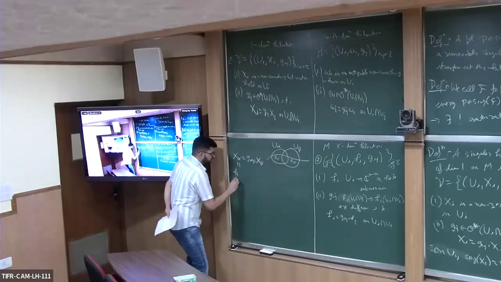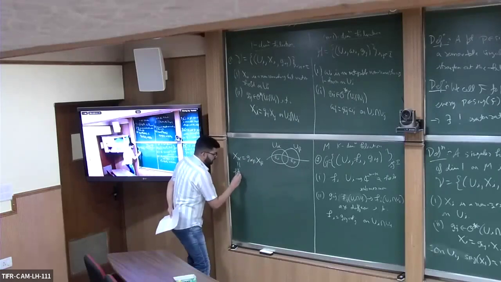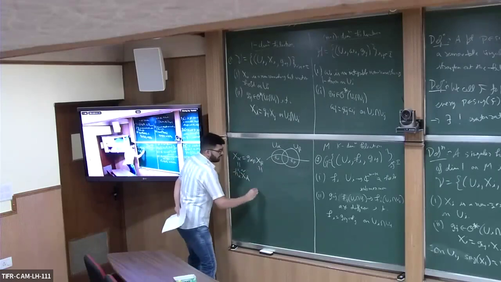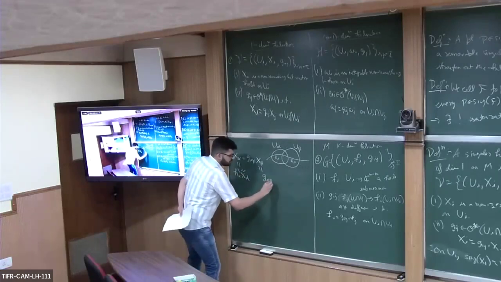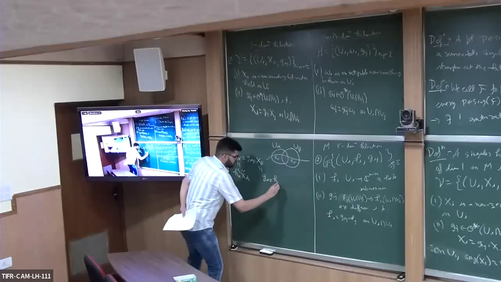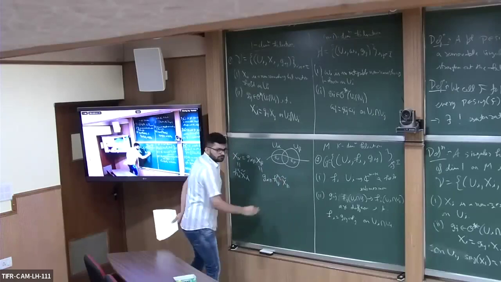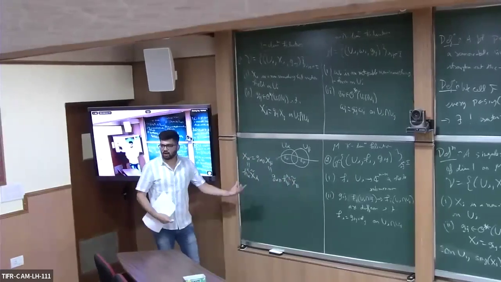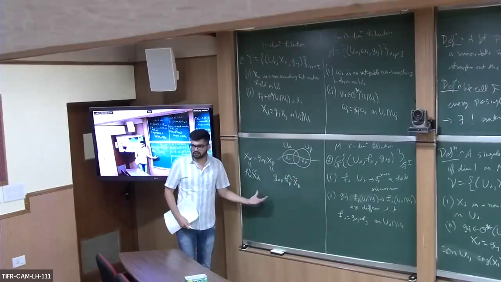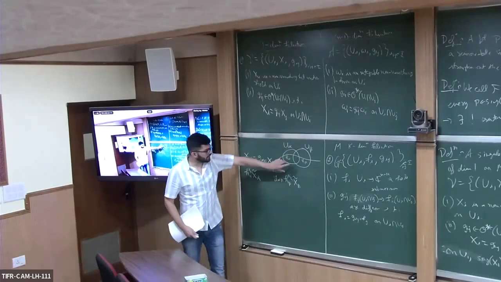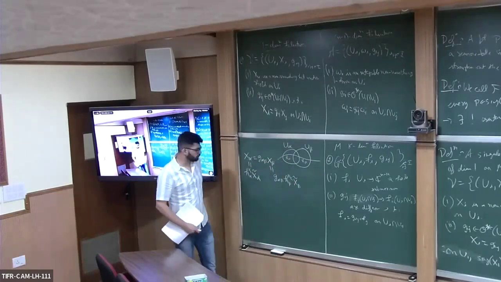This is h alpha to the power k1 times the new vector field x alpha tilde, and in this case we have g alpha beta times h beta k2 x beta tilde. This is how we constructed x alpha and x beta if the neighborhoods intersect in this singular set.